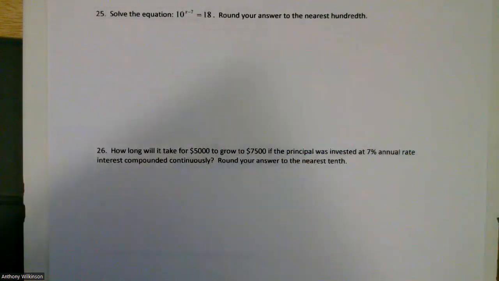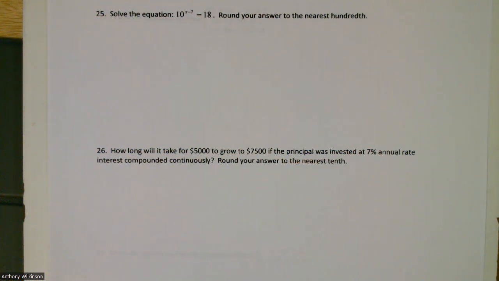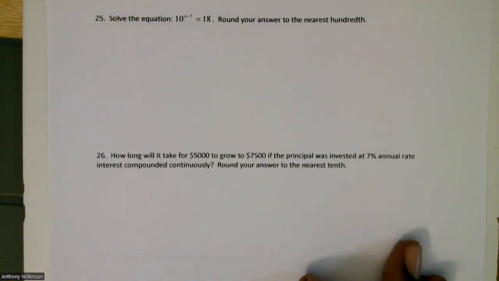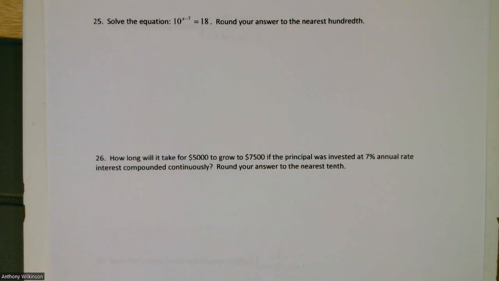Okay, number 25 is an exponential equation. Here we got 10 raised to the x minus 7 equals 18. And we're going to round our final answer to the nearest hundredth, or to 2 decimal places.